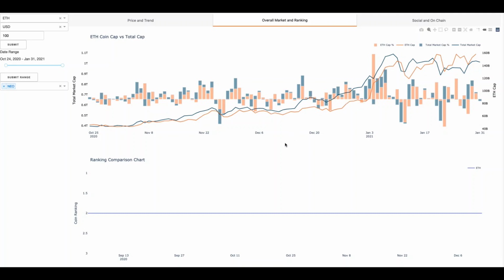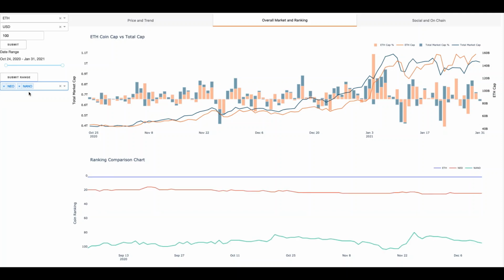And the below one here is the ranking comparison. For the selected currency, it plots by default how its ranking is changing over time. In this case, for Ethereum, it is always in second place. And here we can select the other ones and it will be plotting on top of it.